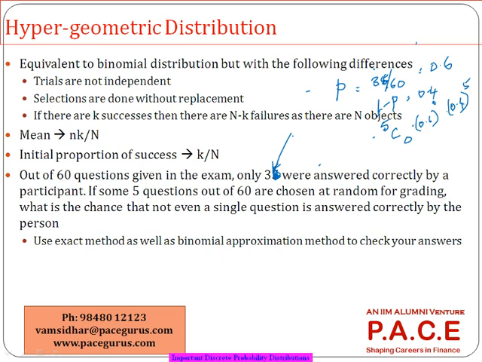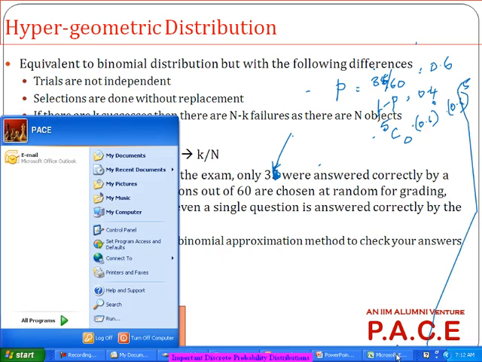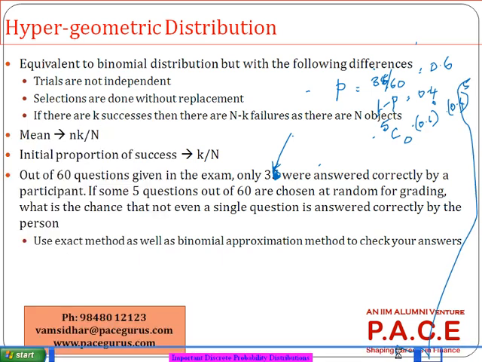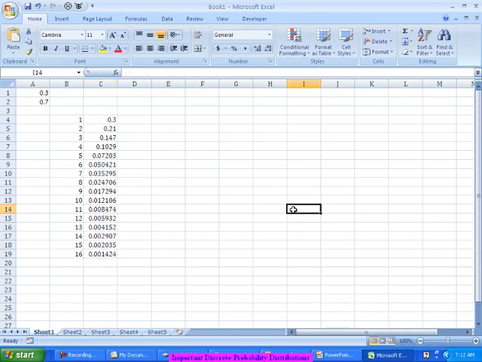So all I need is 0.4 to the power 5. It is saying there is around a 1.024% chance that out of the 5 questions picked, none of them is correct.